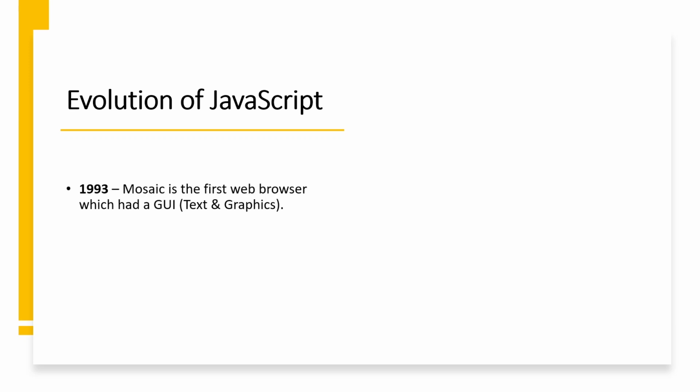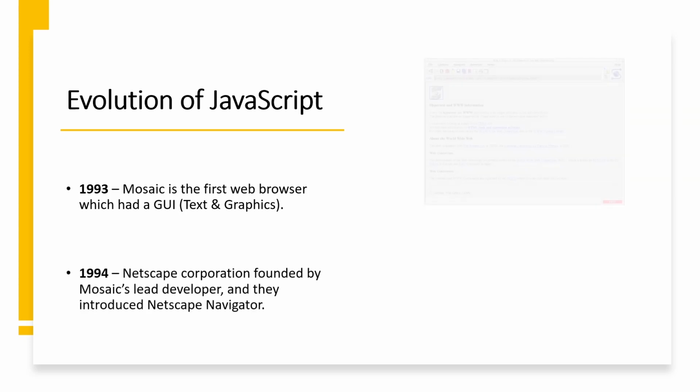Now it's time to learn some evolution of JavaScript, how JavaScript came to the market and what happened. First, in 1993, Mosaic was one of the famous web browsers of that time. It was the first web browser with a GUI, with text and graphics. I'll just show you the picture here.